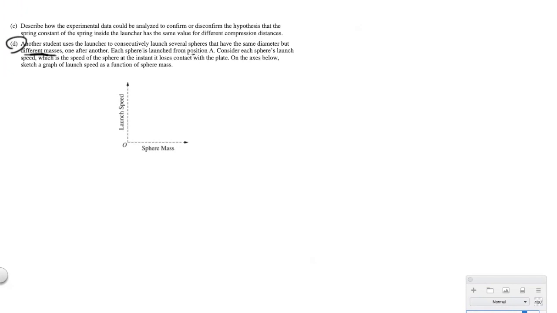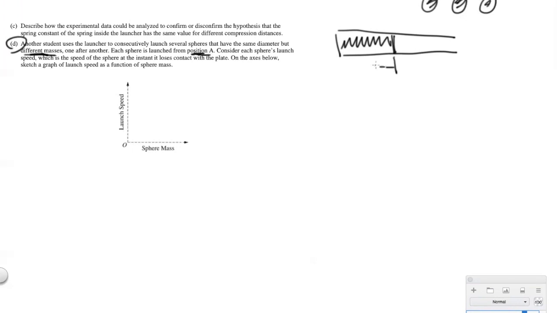Each sphere is launched from position A. So here's our launcher. So we have these different spheres, right? And the mass of these spheres are different. They go into the launcher, but every time we're compressing the spring the same amount. And then the student creates a graph of launch speed versus sphere mass. What would this graph look like?